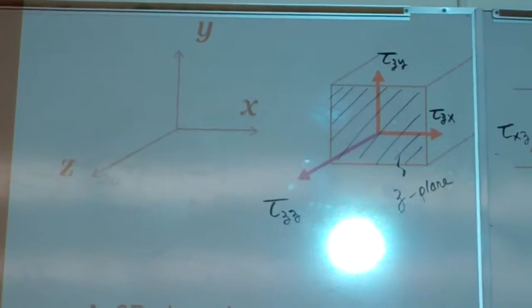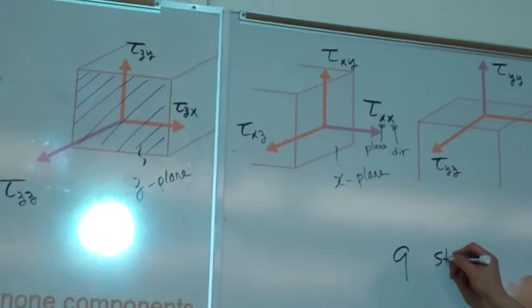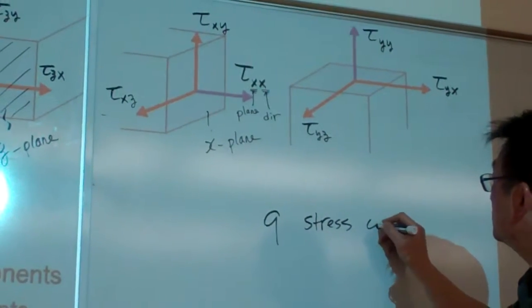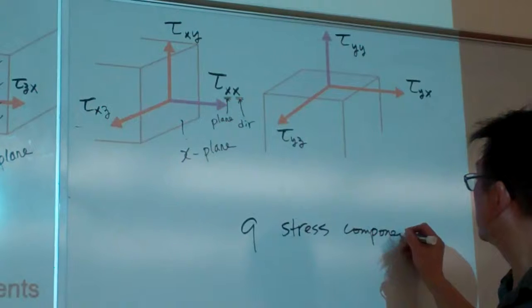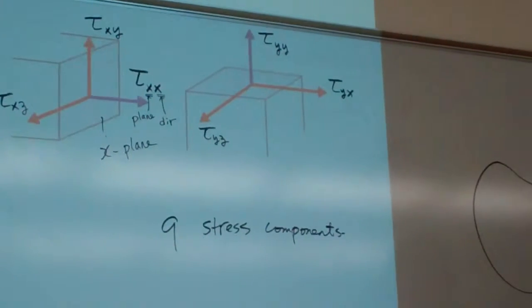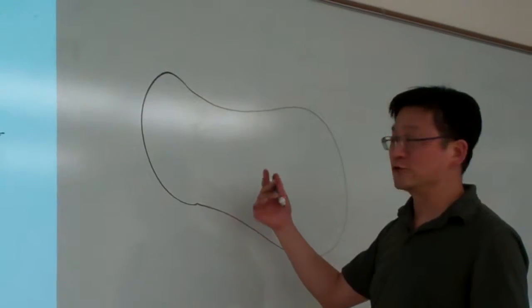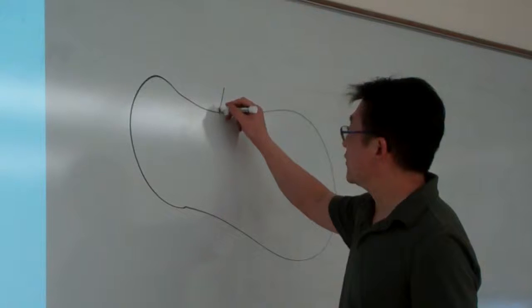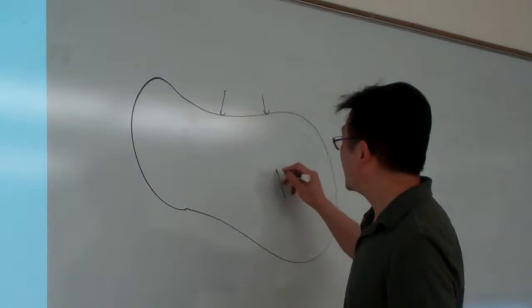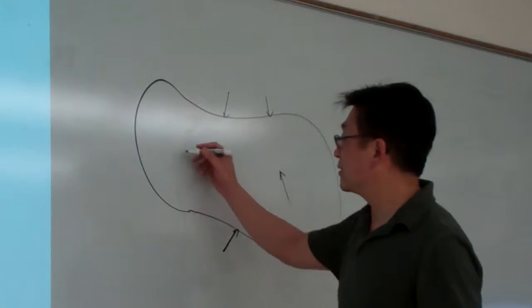So in total, we have nine stress components. Basically, if you imagine this is a certain material, I try to draw it in 3D, and it is under any kind of loading.